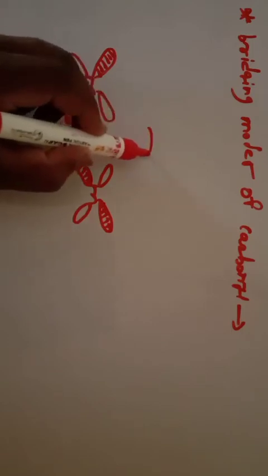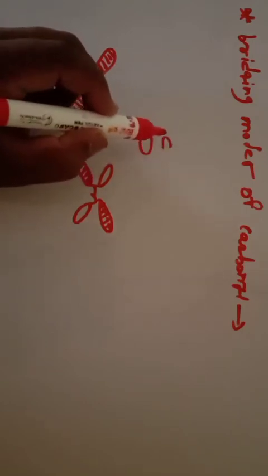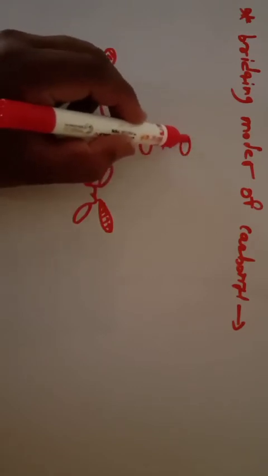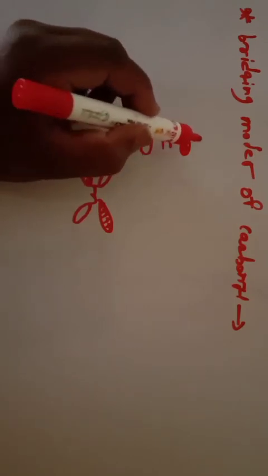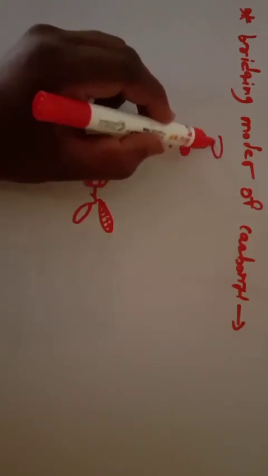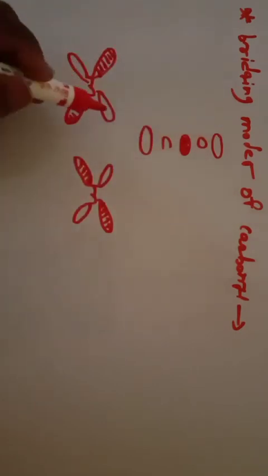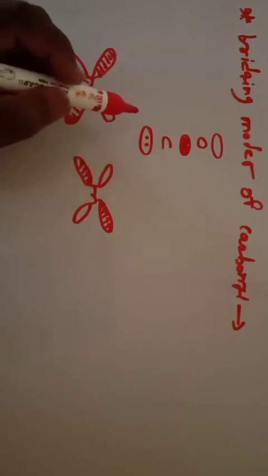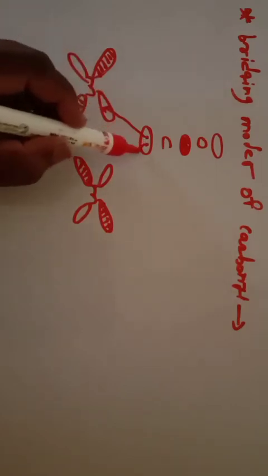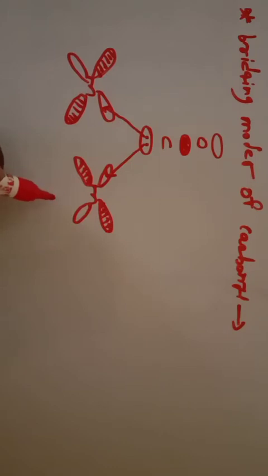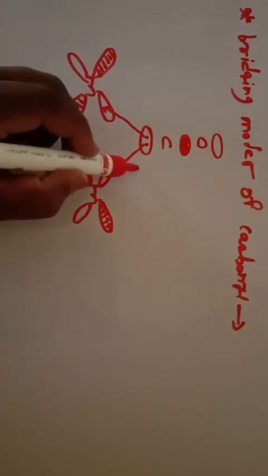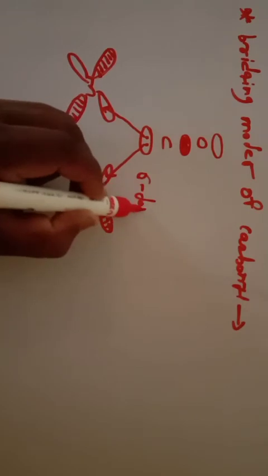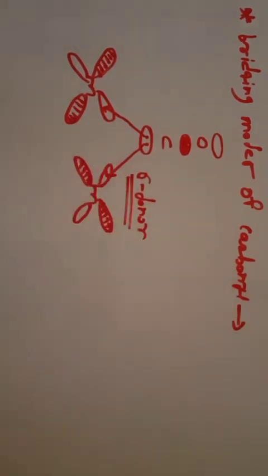Here the carbon is there, the oxygen is there, and these are the orbitals. This is the lone pair of electrons on this carbon. So it will donate one electron to this metal d orbital and one electron to this metal d orbital, and we know that it acts as a sigma donor. So this is your sigma donor, and the bond which is formed is a sigma bond.